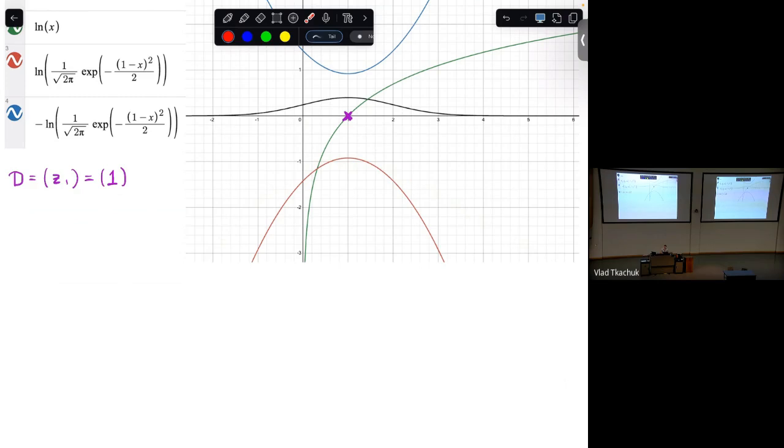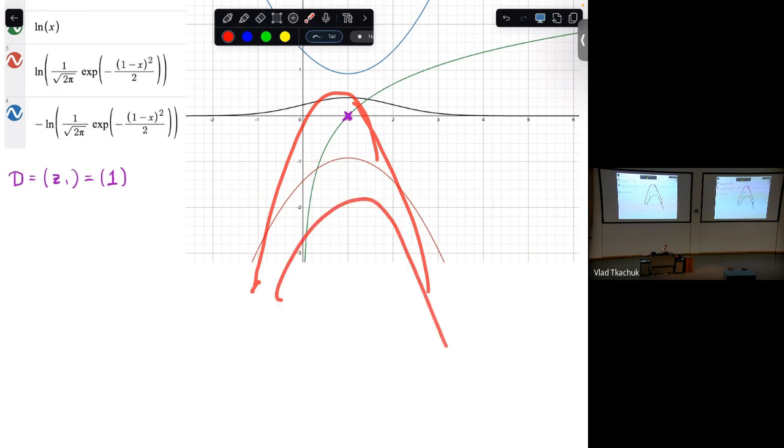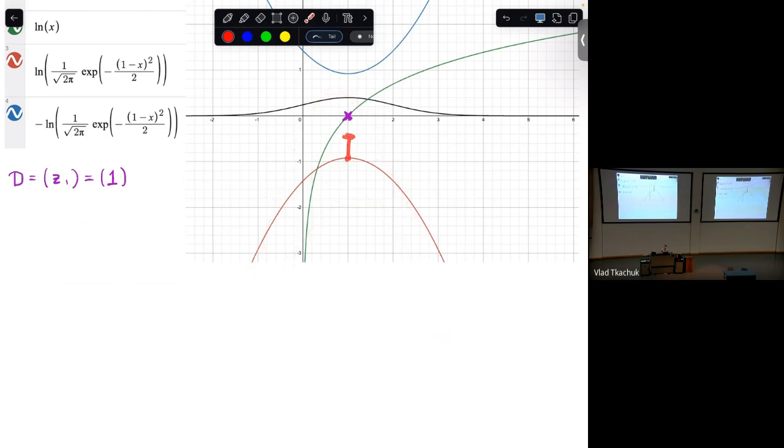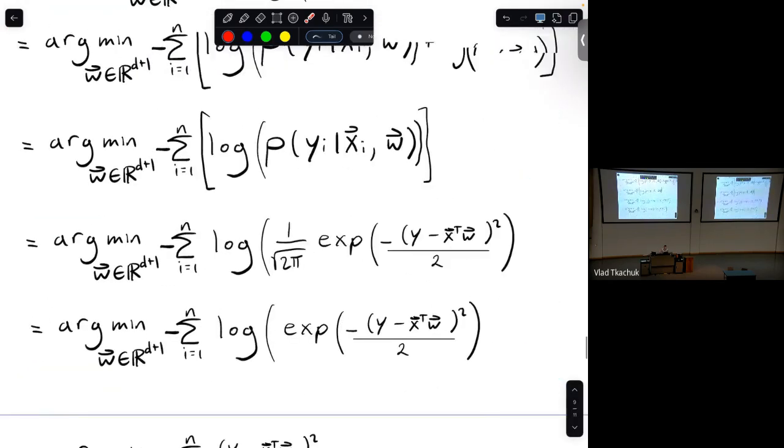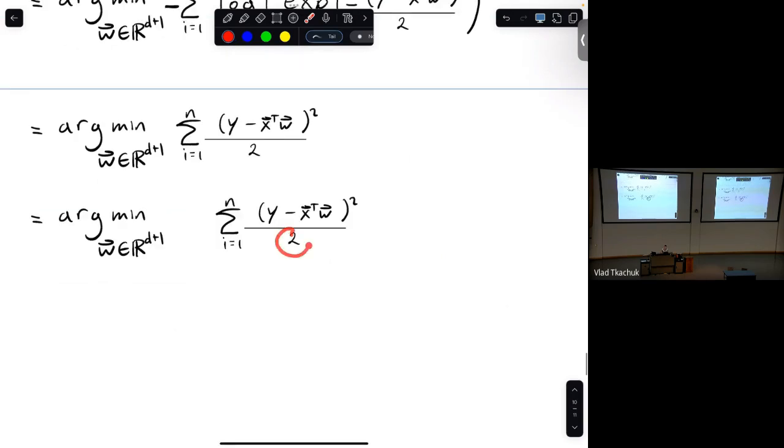Scaling the function is just going to change it like this, or maybe it'll go like this, but the minimizer is not going to change. Like if you multiply by 2, all these points are going to get scaled, but it's not going to change the corresponding function's minimizer. So this 2 is not going to change the minimum, is the point of the story.